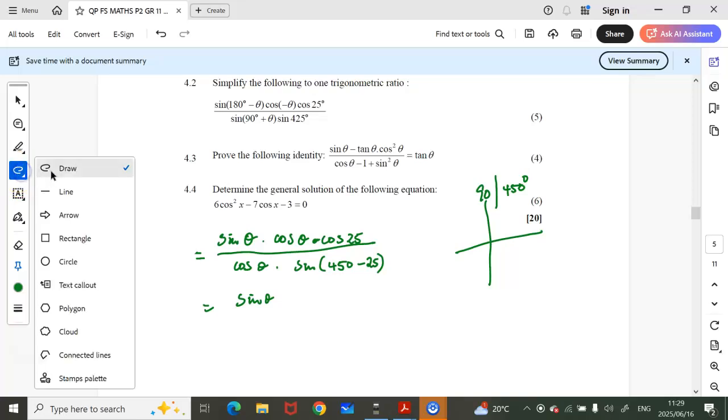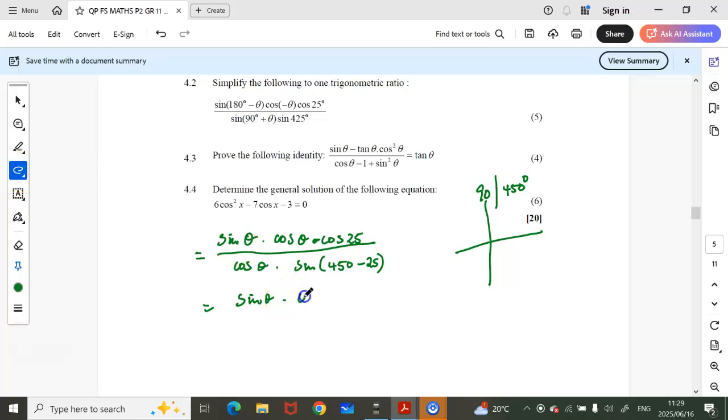Sine theta times cos 25 all over. Let's reduce this one. Remember, I said 450 will change the function into a cofunction, so it's cos instead of sine, and it's on the first quadrant.